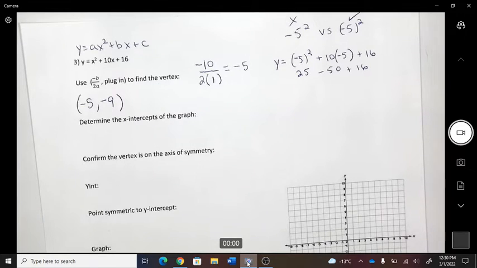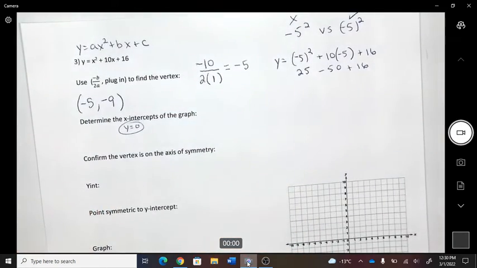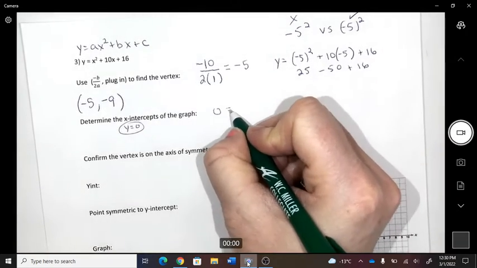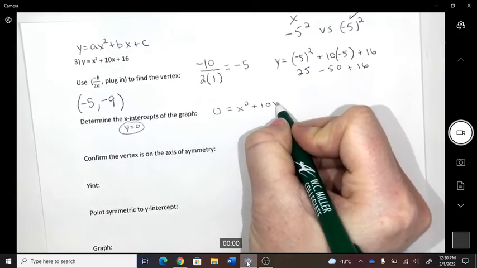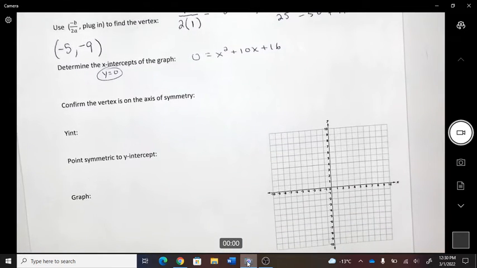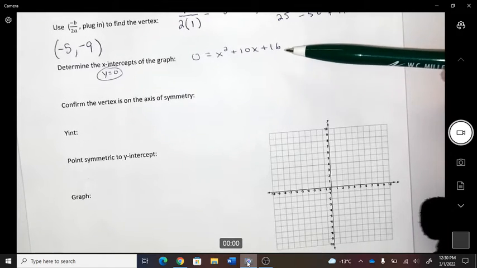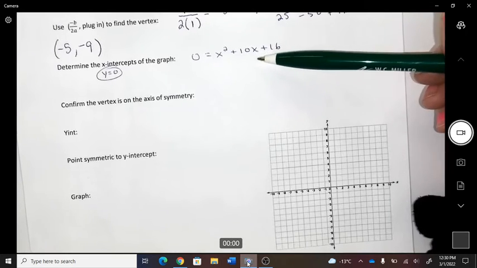Okay, determine the X-intercepts, so that is where Y is 0. So if Y is 0, this is what I'm going to do. I'm going to plug it in. Okay, how did we figure how to solve this algebraically? What was the technique we had to do? Factor, because you can't get X by itself here.